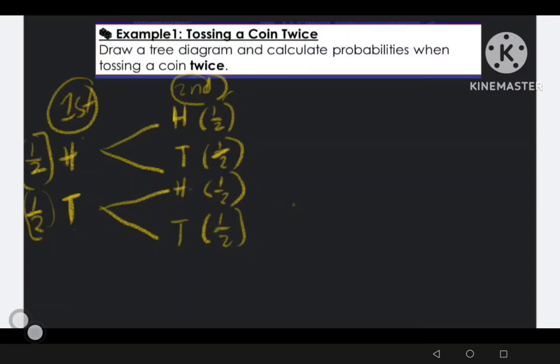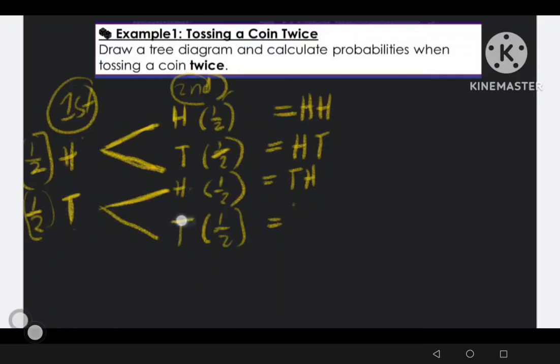Okay, next one. Third step, we are going to get the probability of each outcome. So let's combine this using a tree diagram. Let's have the results. We have head and head, head and tail, tail and head, and tail and tail.